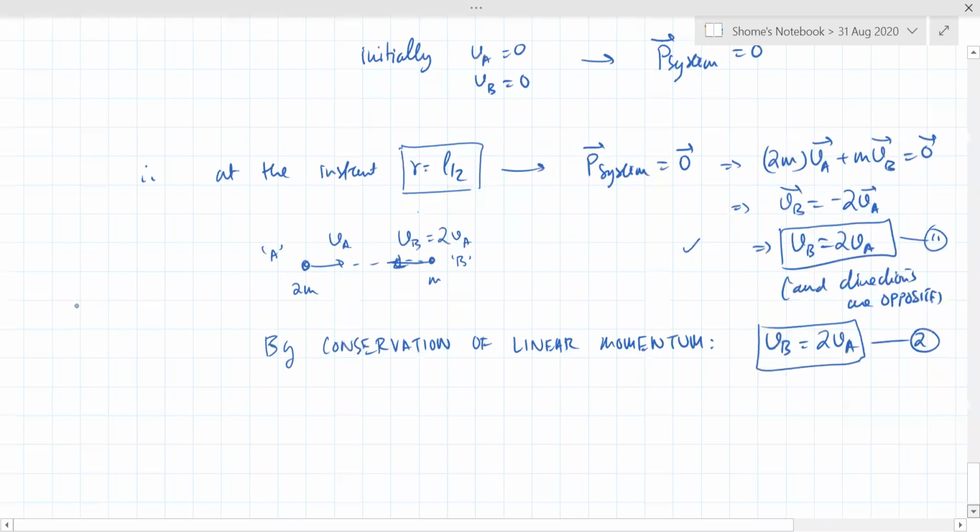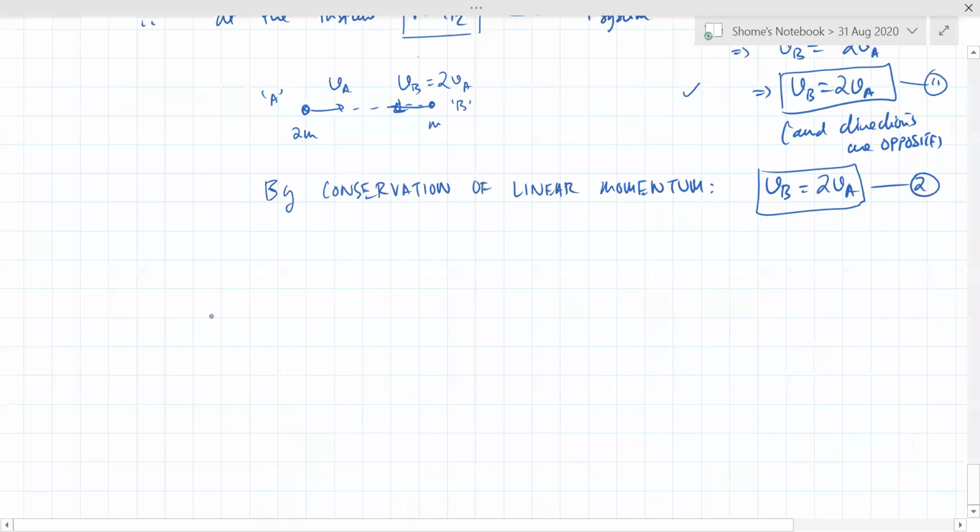Okay, so let's look at the two equations. Equation one was half 2m into Va square plus half m into Vb square. Actually, if you calculate the delta U, it was final minus initial.